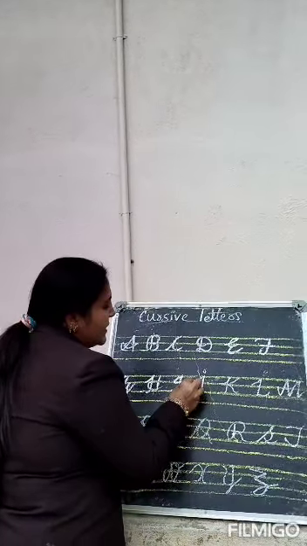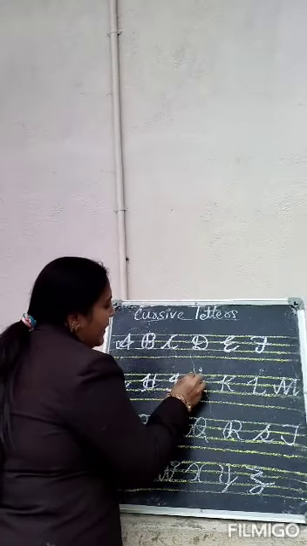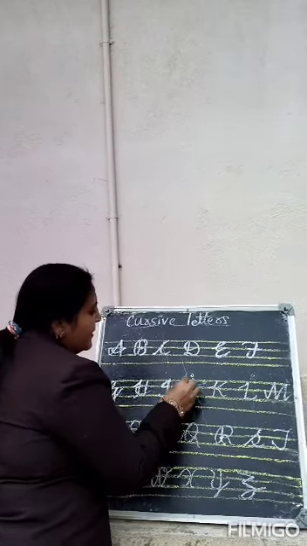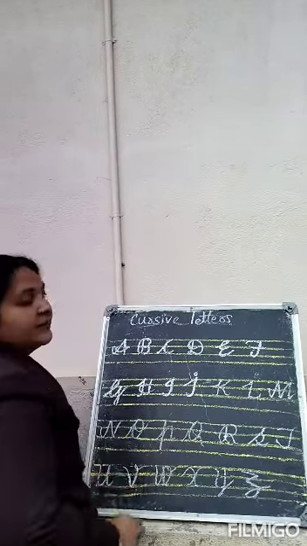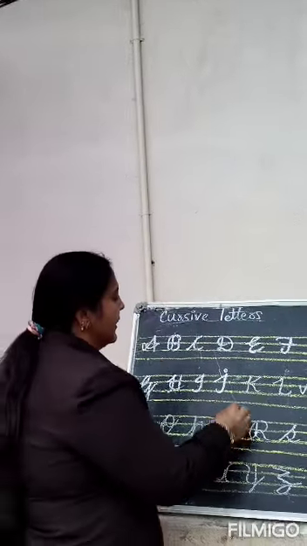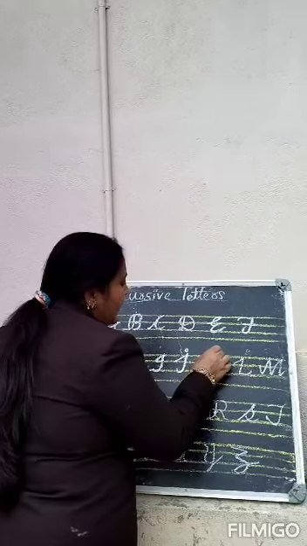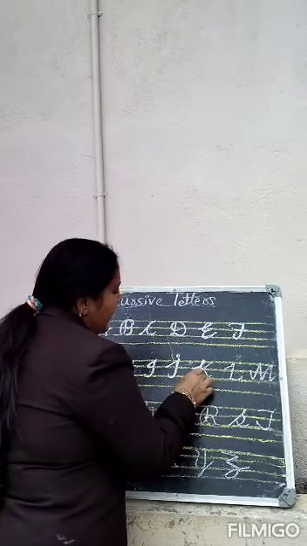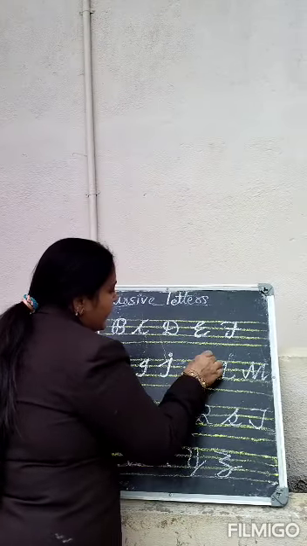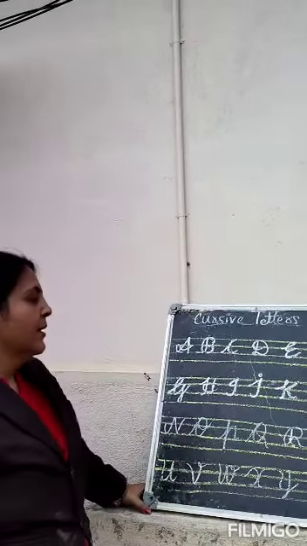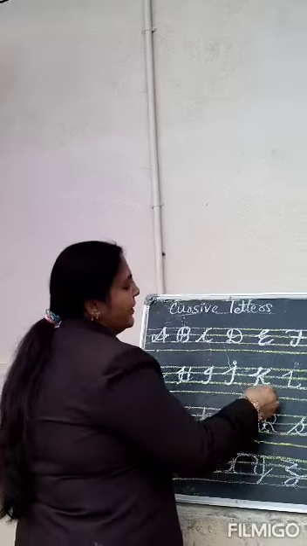Then again we should start from the second line, come to the first line, then we have to touch like this, and then this is capital J. Then again we have to come from the second line, go to the first line, again come for K like this, then like this, then capital cursive K.